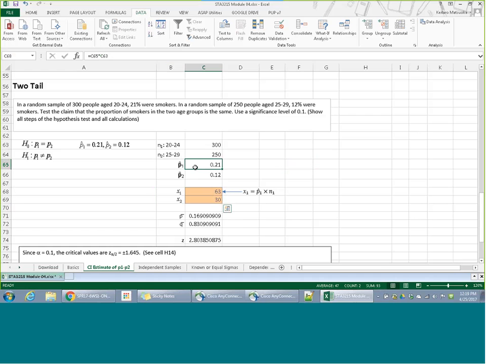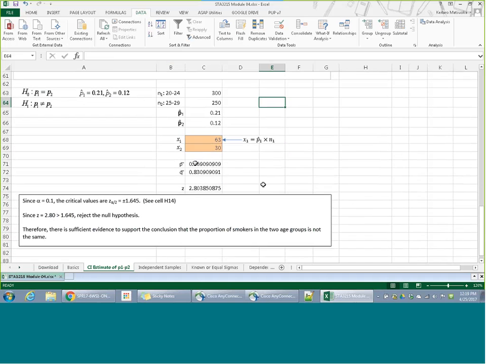We want the p1 hat, p2 hat to be precise rather than the x1 and x2. So even if these numbers don't make practical sense, leave them as is. If you do that, the spreadsheet will calculate the correct p bar and q bar and then z and then everything else.